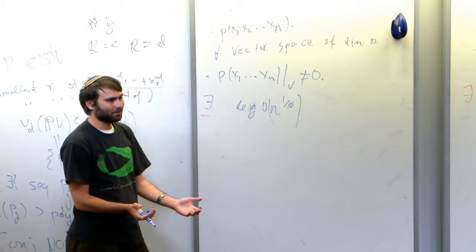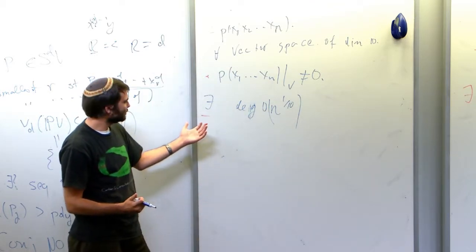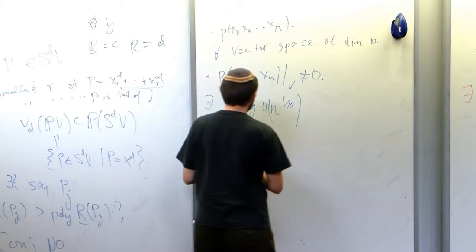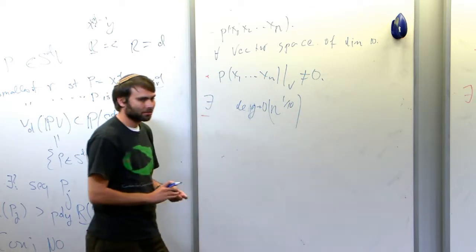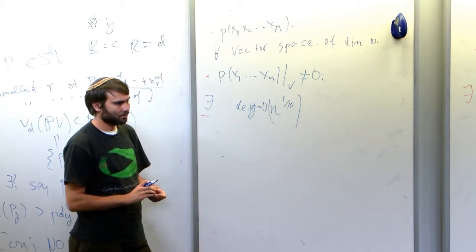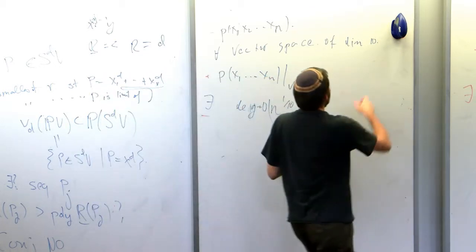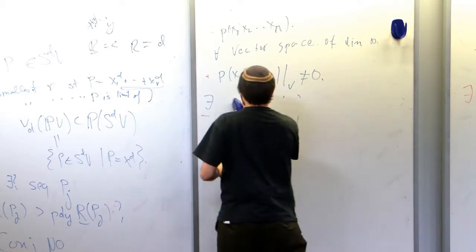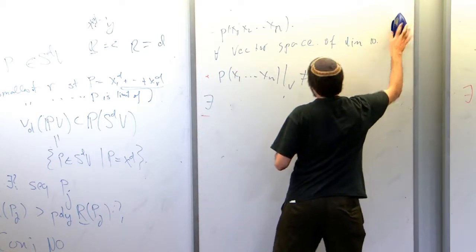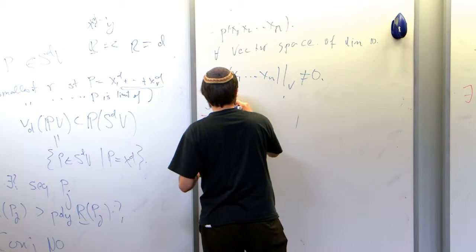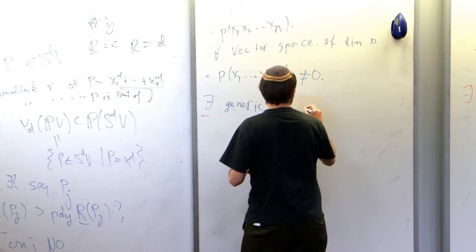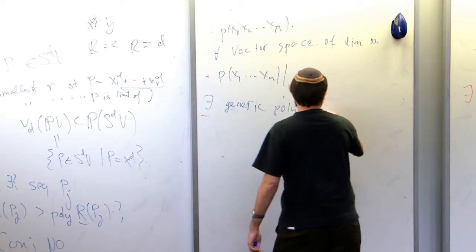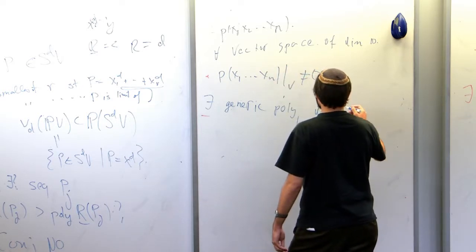Order n to the power 1 by 10. So I'm saying that dimension arguments say that a generic polynomial has this property, but I want an explicit polynomial.